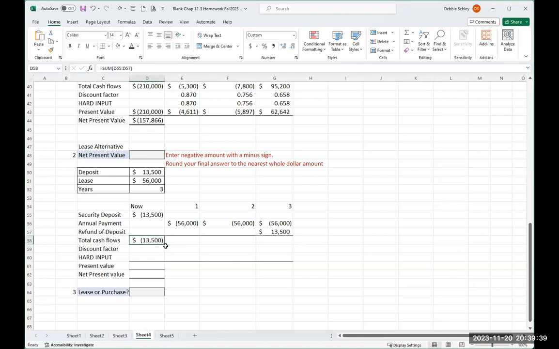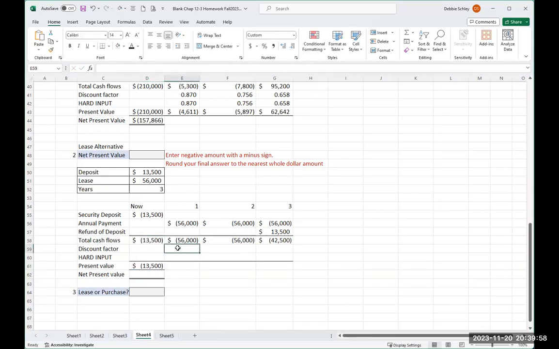Okay, now I can drag that across, and that gives me my totals for each year. So my discount factor, I don't have one here. So my present value of now is just that deposit.